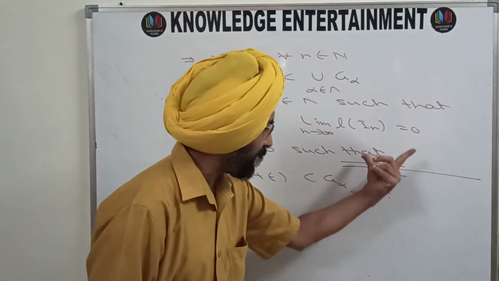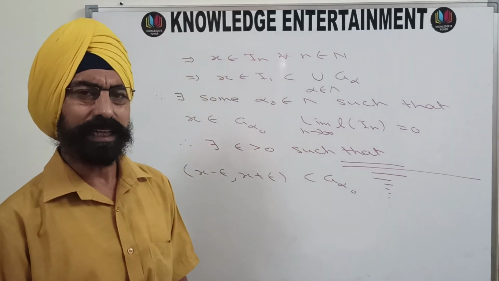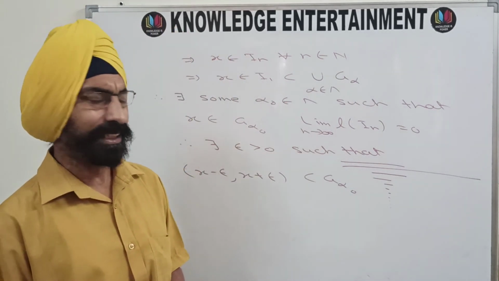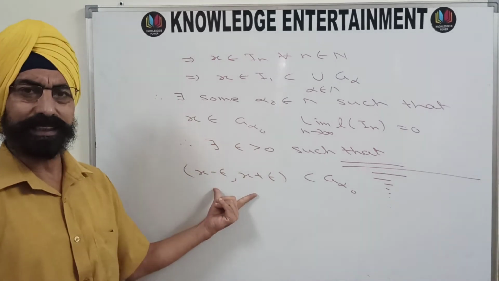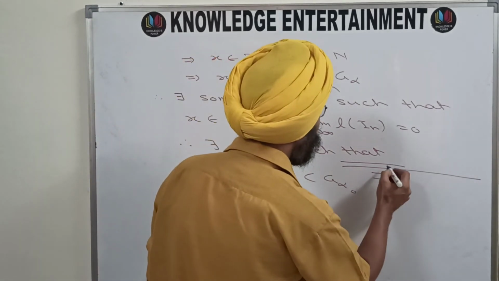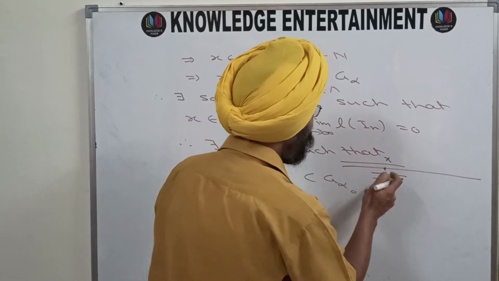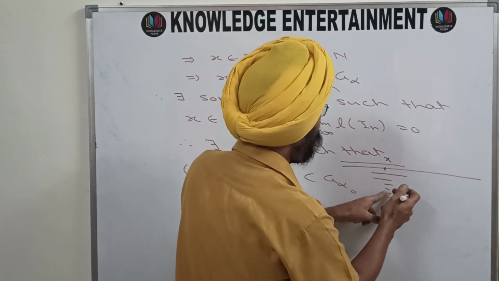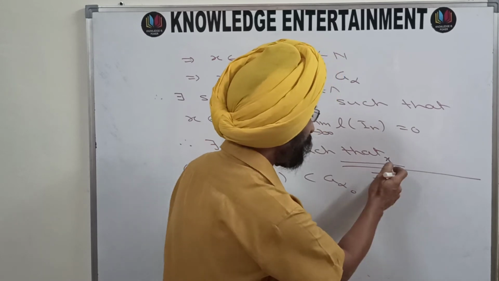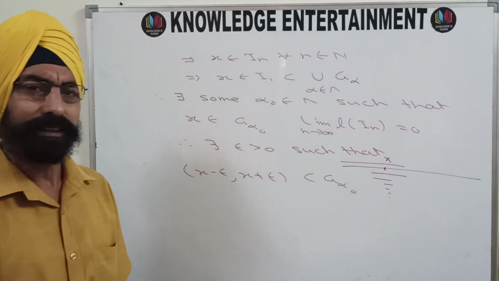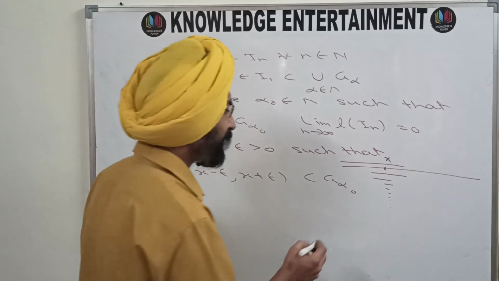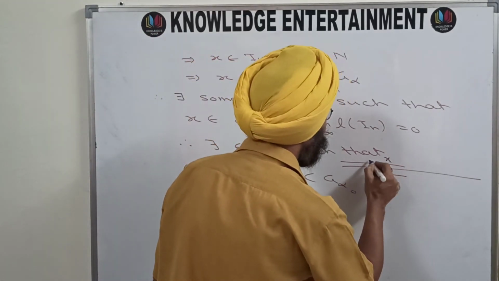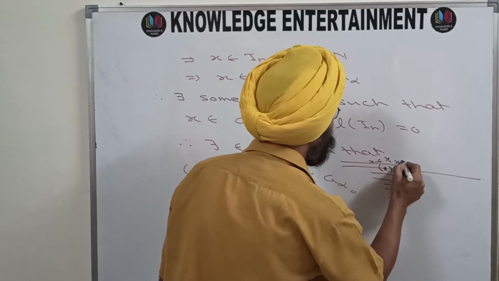Since the interval is shrinking continuously and every In contains x, and this is the neighborhood of x, so this x belongs to I1, I2, I3, I4, I5, I6, I7, I8 and so on. x belongs to every In, and you have a neighborhood (x minus epsilon, x plus epsilon) of x.